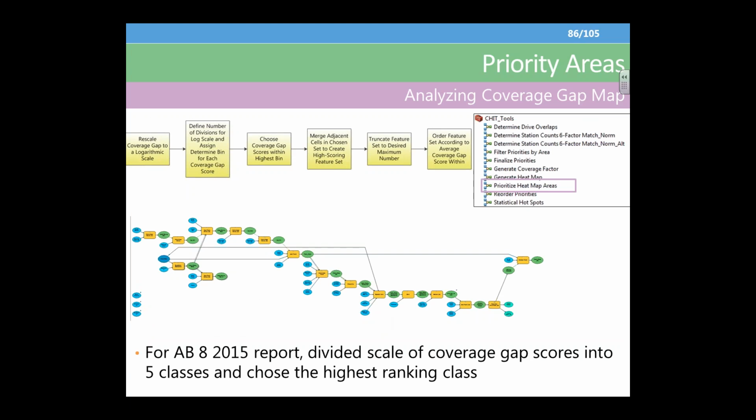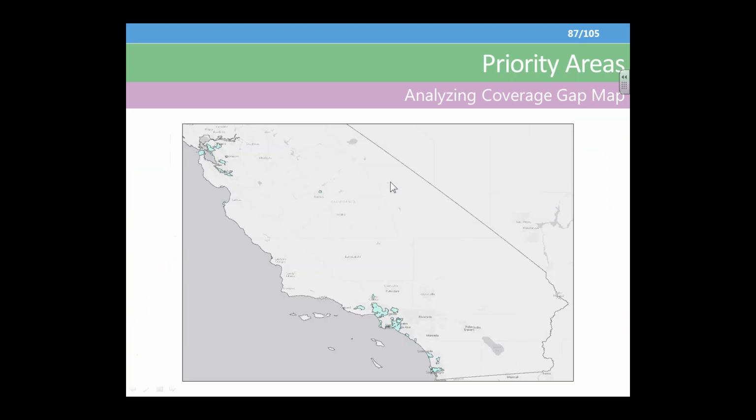So you can look for the top 20% on that scale, or the top 30 or 40%, etc. And you choose all the coverage gap values within that highest bin, and you turn those into features that give you a draft of where the highest values are across the state. We utilized 5 different classes in our AB8 2015 report, so essentially we're looking for the top 20% of areas in the state. And that looks like this.